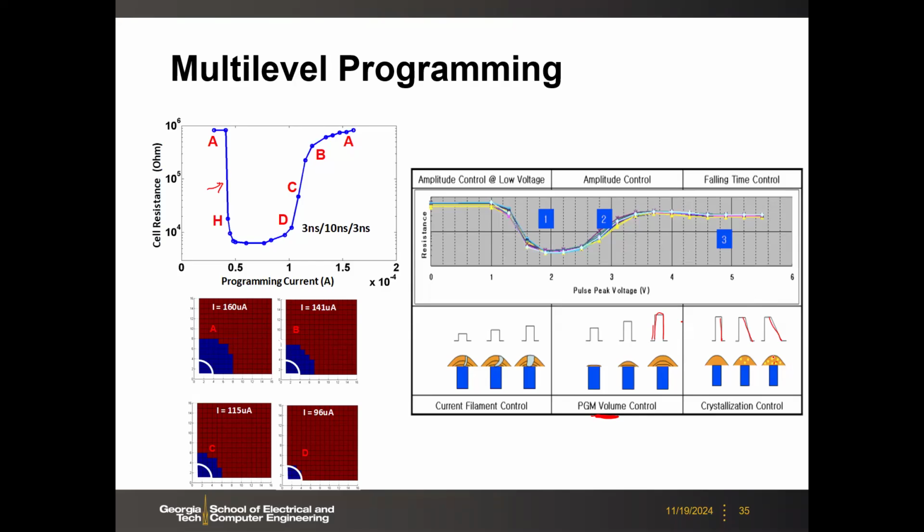So you can control the falling time, and you can control the amplitude to create the multi-level states. Basically it's by playing with the volume of this amorphous region compared to the crystalline region. Because the on-off ratio is large, over like 100, you could insert a few levels in between.